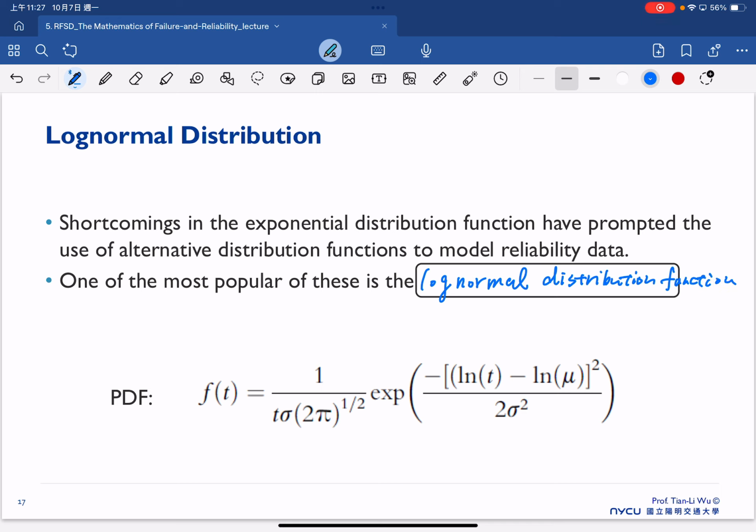The full functions can be shown in the slide, where the PDF is shown here.